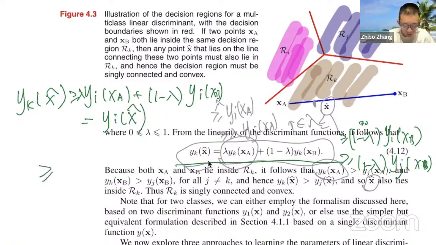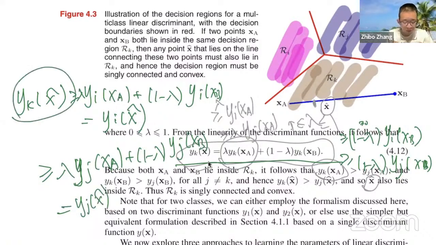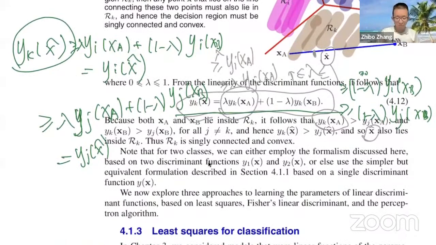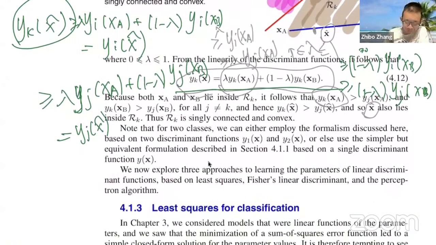Same thing, it's greater than or equal to lambda yj xa plus 1 minus lambda yj xb, which equals yj of x-anchor. So for x-anchor, yk still has the highest value. Basically, that's the convexity.